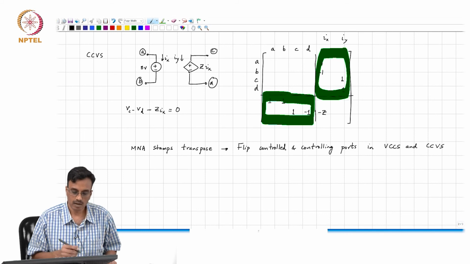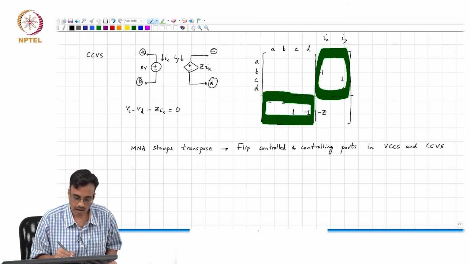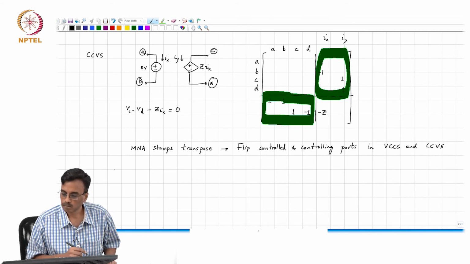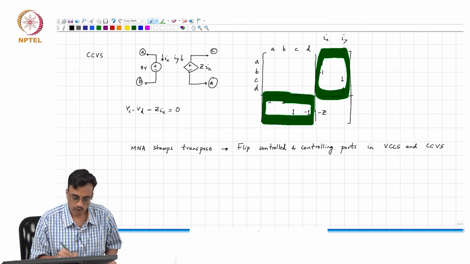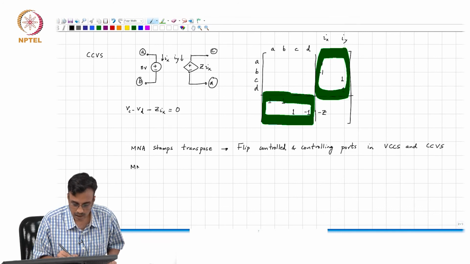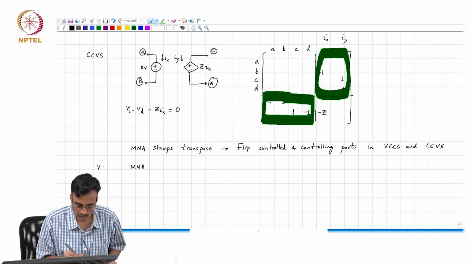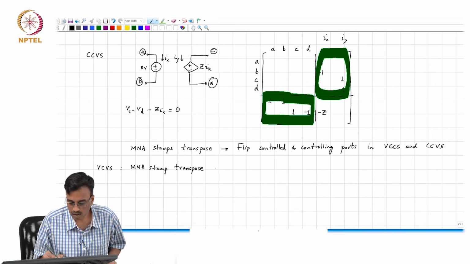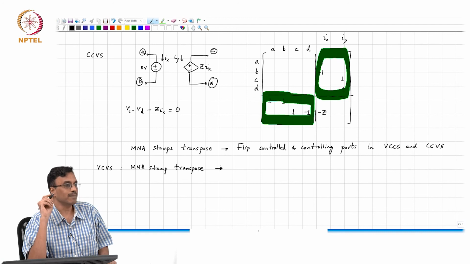All right. So, if you transpose the MNA stamp of the voltage controlled voltage source, if you transpose its MNA stamp, what will you get?